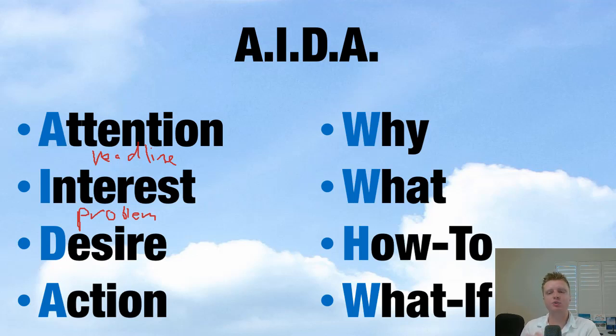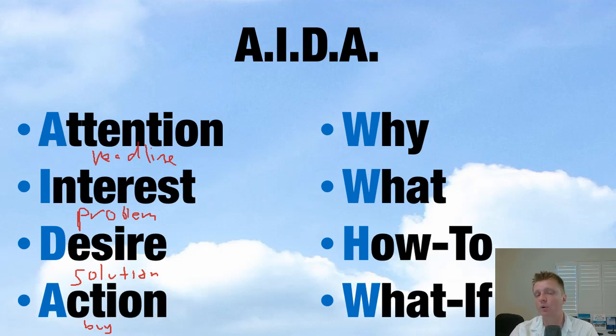Now someone there is relating to your problem, and then you get into the desire phase and say, nothing else worked, so I made this solution. Here's what's in this solution that overcomes the usual stuff, here are the pieces of the offer, here are the bonuses, and then the action, where I say buy this now, right?